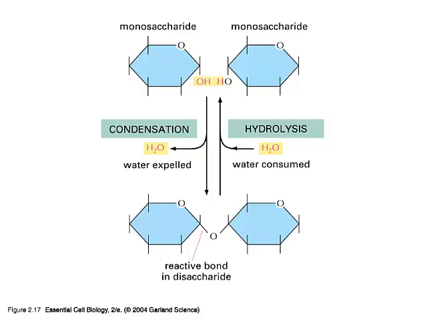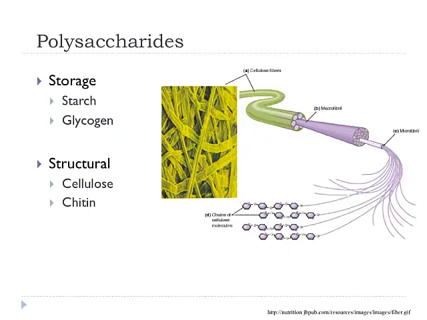Glucose goes through a series of steps to pyruvate, through the TCA cycle, through the electron transport chain, oxygen being the electron acceptor. You get a whole bunch of ATP produced. So starch and glycogen are those very complex carbohydrates, the polysaccharides.